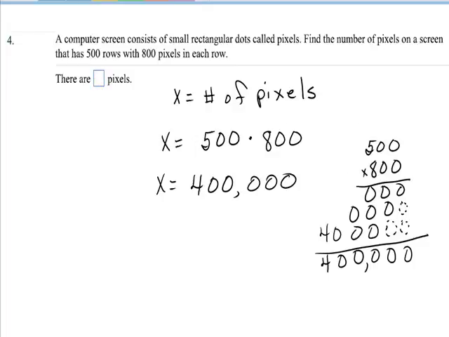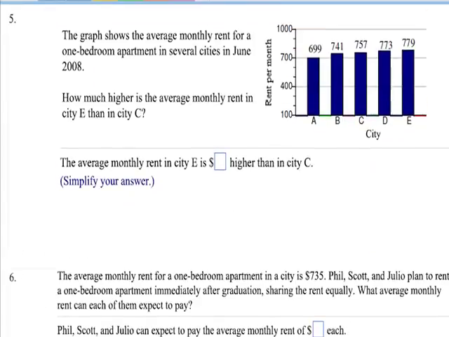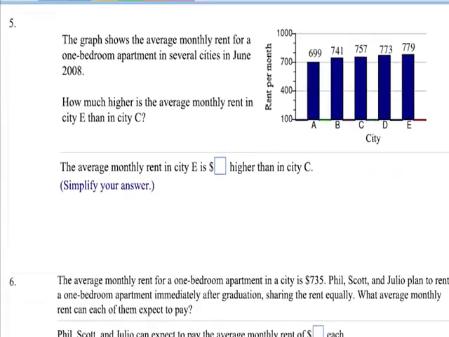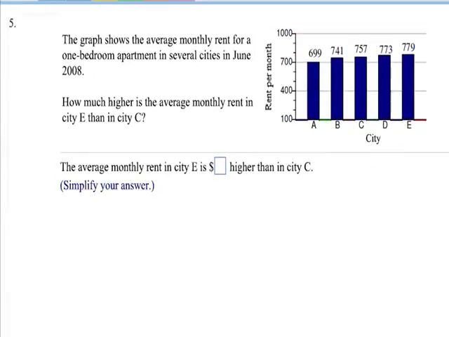All right, let's look at number 5. Okay, we've got a chart or a graph. The graph shows the average monthly rent for a one-bedroom apartment in several cities in June of 2008. Okay, let's look. City A, City B, City C, D, and E. It has the average rate.